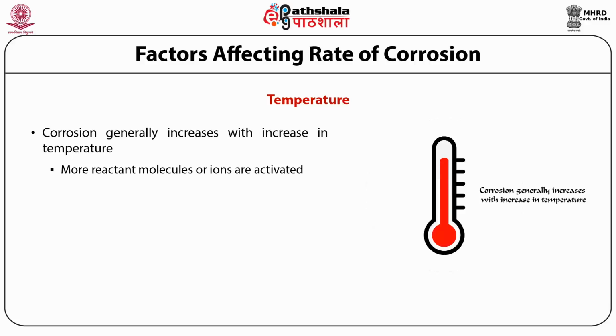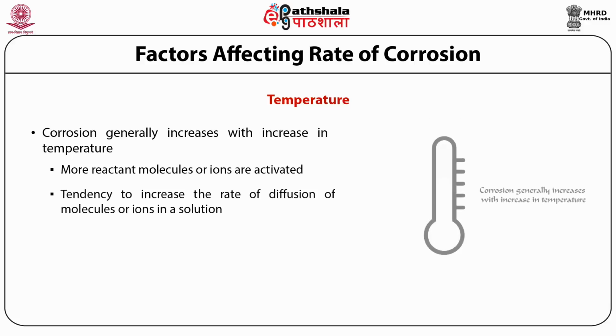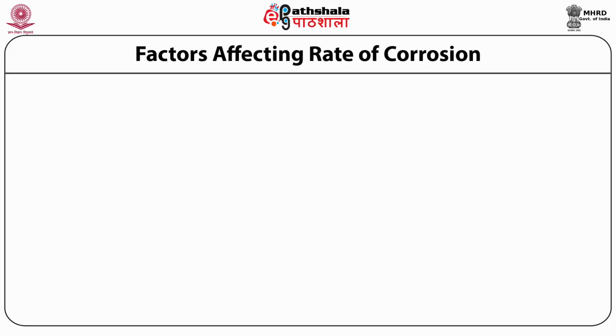As well as increasing the temperature have a tendency to increase the rate of diffusion of molecules or ions in a solution, although the solubility of oxygen in water decreases with increasing the temperature. Next factor is passivation.